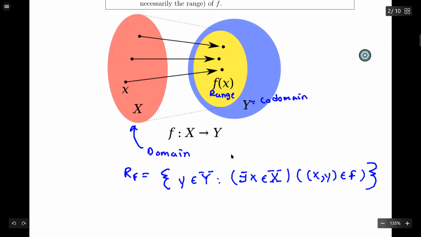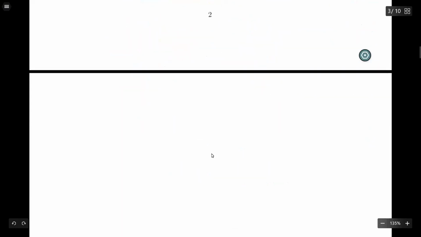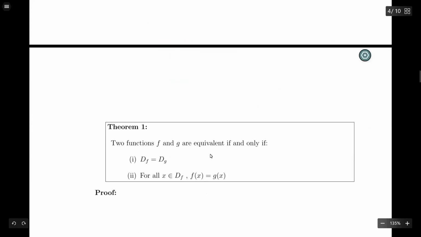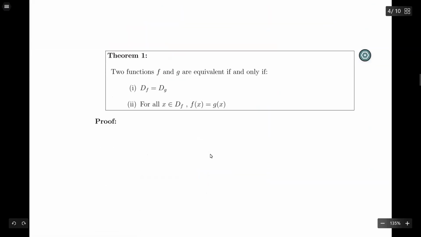Okay, so let's move on from that, and let's look at the first consequence of that, which is Theorem 1. Theorem 1 states, two functions F and G are equivalent if and only if, 1, the domain of F is equal to the domain of G, and 2, for all x in the domain of F, F of x equals G of x.